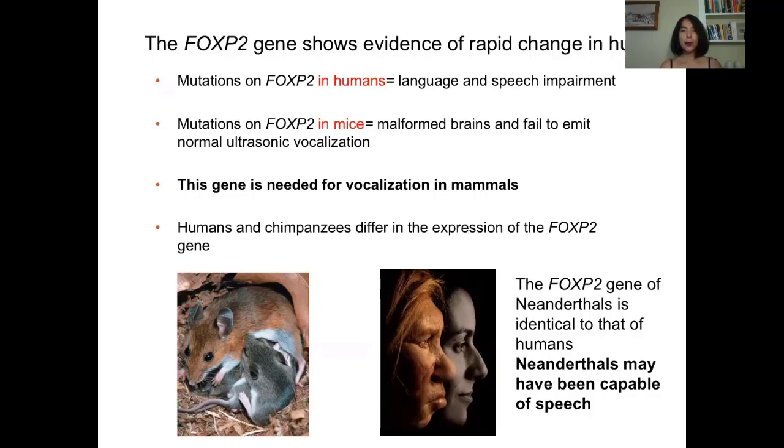This gene has been mutated in some animals, for example, in mice. In mice, the mutation of FOXP2 leads to malformed brains, and these mice are also unable to emit normal ultrasonic vocalization.